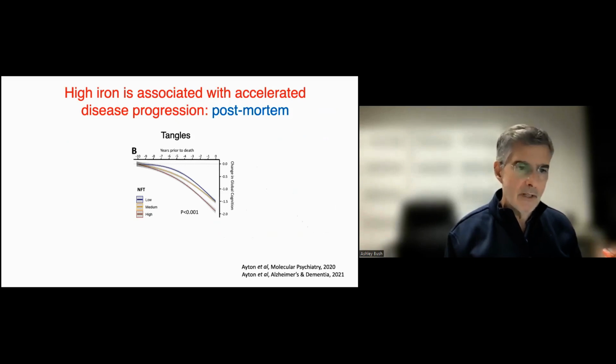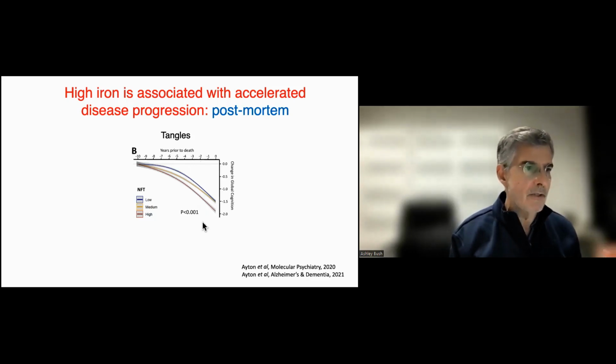In this cohort, cognitive testing was done annually, and we have up to 10 years of antecedent cognitive data. And what we can see is that people with the highest burden of neurofibrillary tangles have got a more accelerated onset of cognitive decline. And this is actually known, but it orientates ourselves that we've got this control within the tissue.